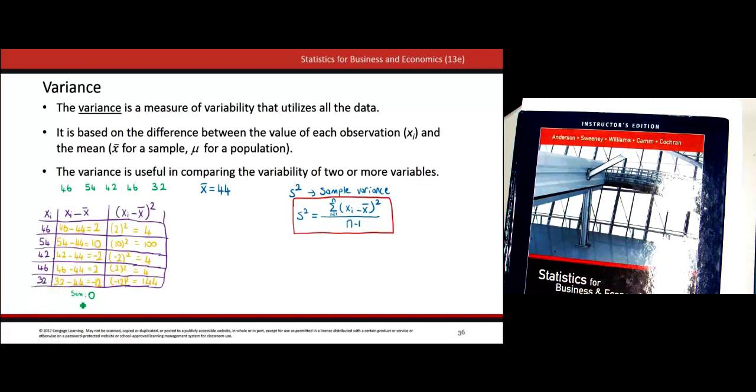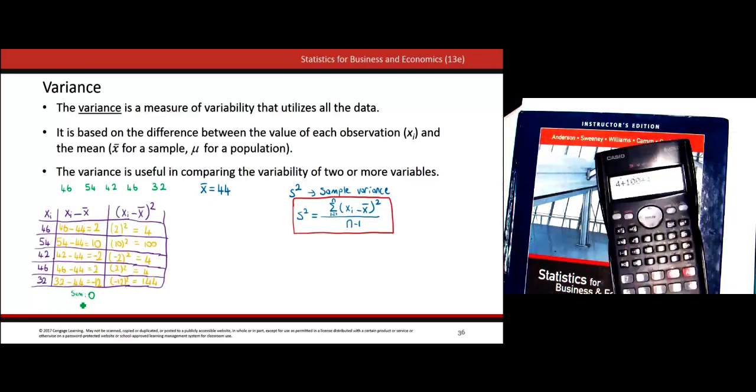What do we get if we add those values? 256. So we took care of the numerator. Now 256 divided by n minus 1.